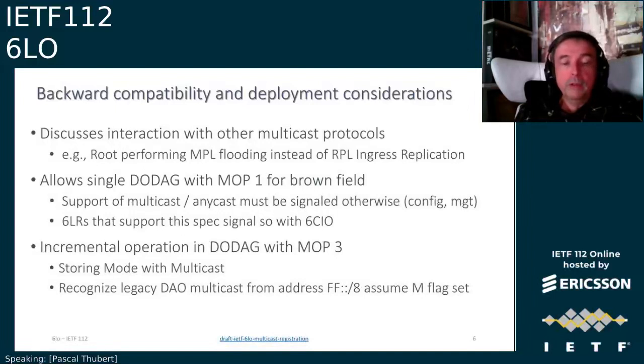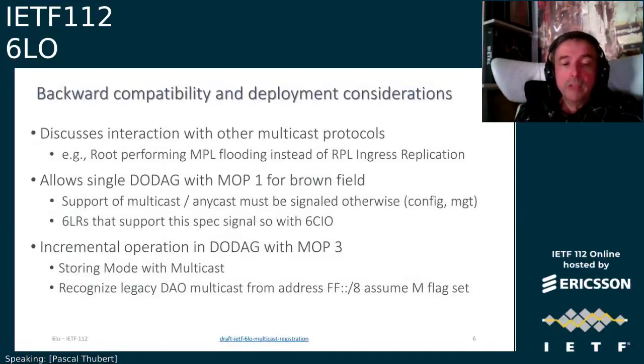But there is a lot of brownfield, a lot of deployments of this alliance specification that will need to be incrementally improved with support of multicast. So there need to be compatibility and deployment considerations regarding mode of operation 1 in particular, which is deployed throughout.